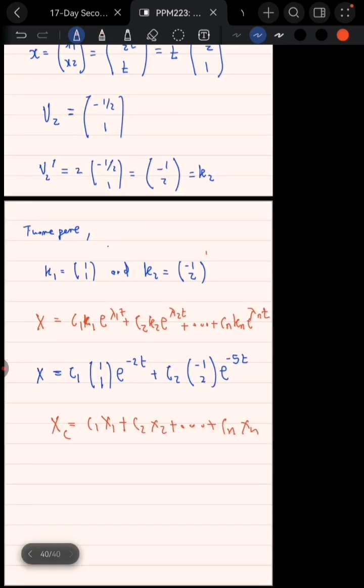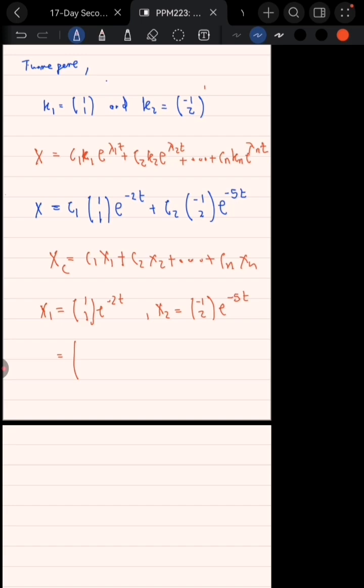Therefore, x1 is going to be equal to (1, 1) e to the power minus 2t, and x2 will be equal to (minus 1, 2) e to the power minus 5t.